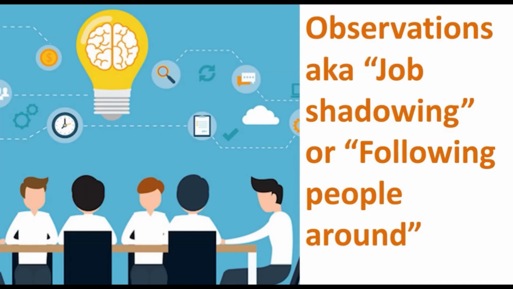The next elicitation technique that we will learn is observation. Observation is also known as job shadowing or following people around. So as you would have guessed from the name, it essentially involves observing a process or participating in a process.